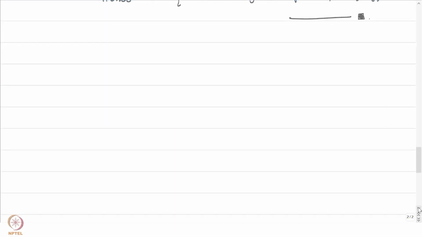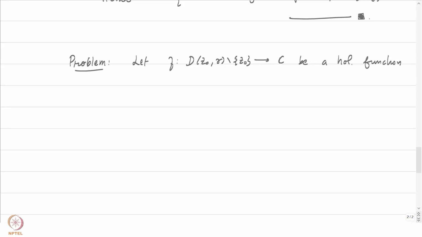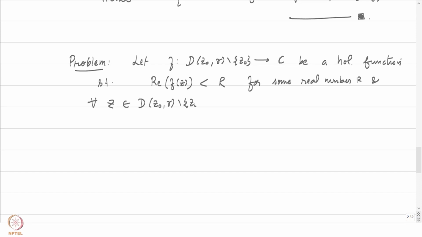Let's now consider another problem where our singularity has certain specific behavior. Let f from D(z0, r) minus {z0} into C be a holomorphic function. That means that it has an isolated singularity at z0, such that the real part of f(z) is less than some real number M for all z in D(z0, r) minus {z0}.